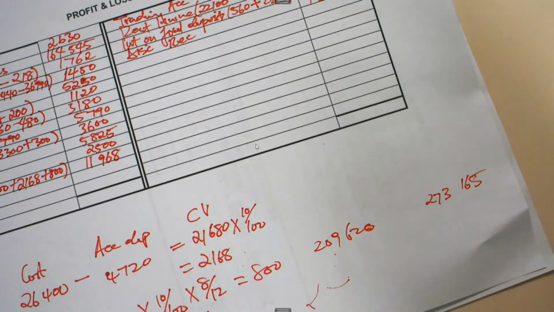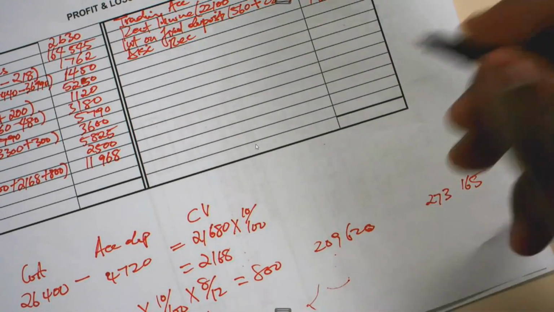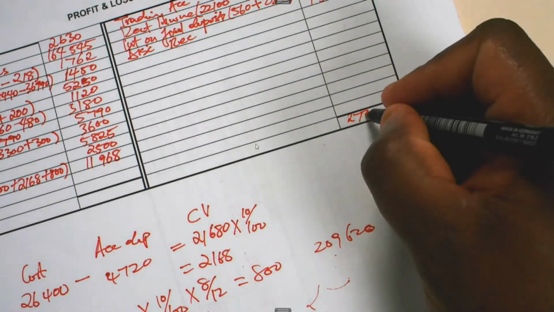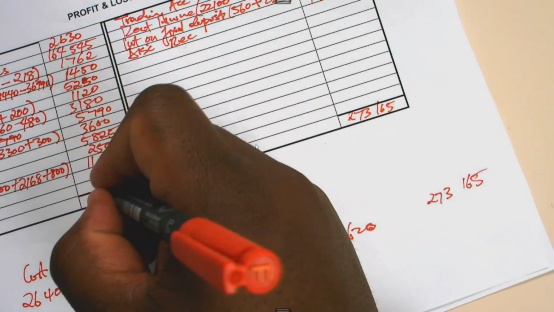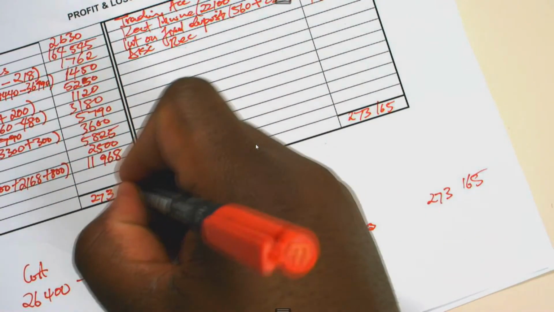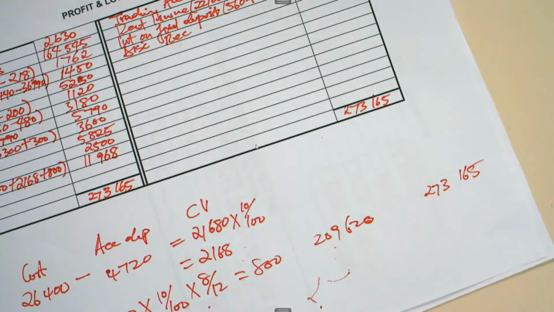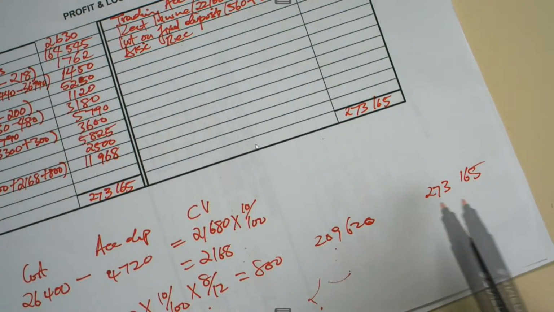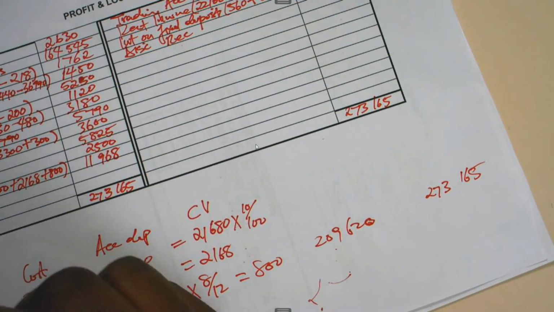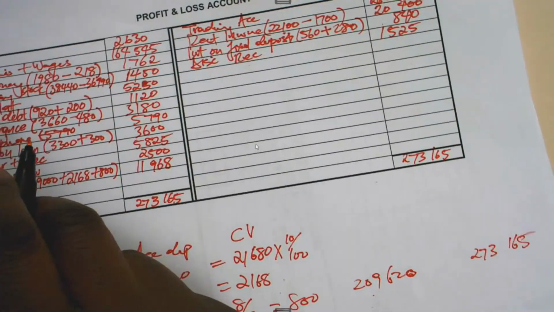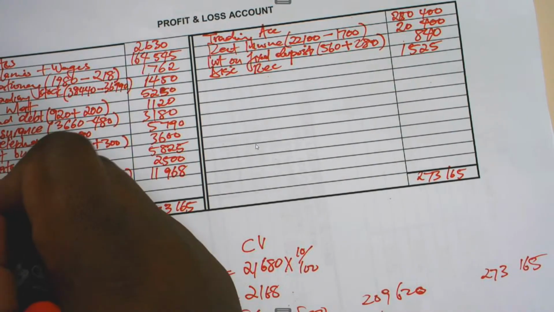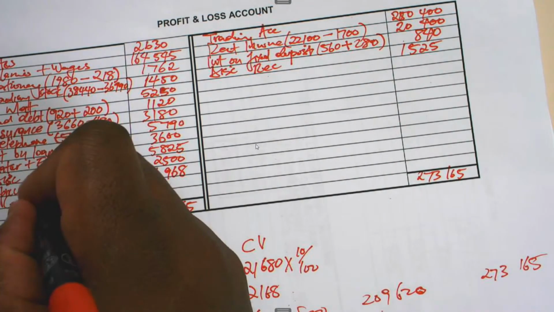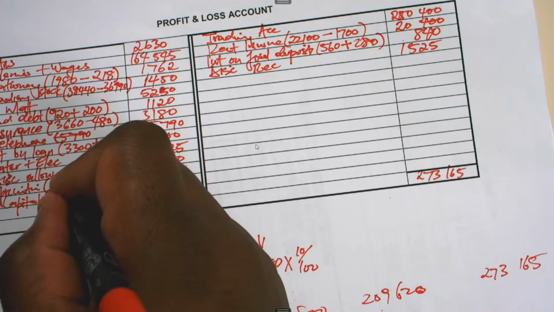So now you write the bigger amount on both sides. So it will be here 273,165, and then the difference between these totals we'll record on the debit side, and then we'll write the capital or net profit.